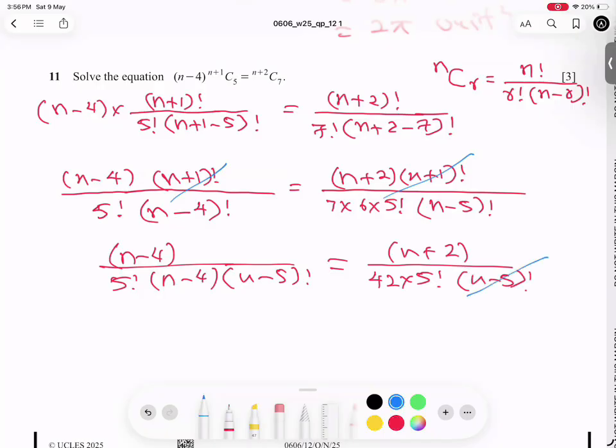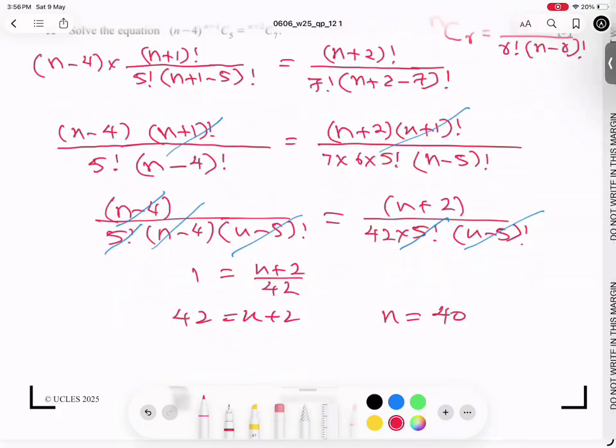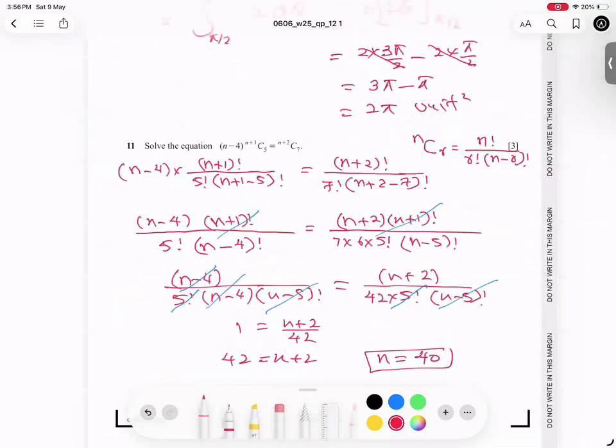Now this cancels with this, with this, with this. Now what is left behind, students? We can say that 1 equals n plus 2 over 42. So 42 equals n plus 2. You can see clearly and we can find our answer easily. n becomes with us 42 minus 2, which is 40. I hope the point is very clear and the question is completely done.